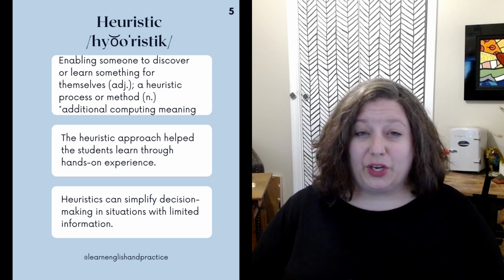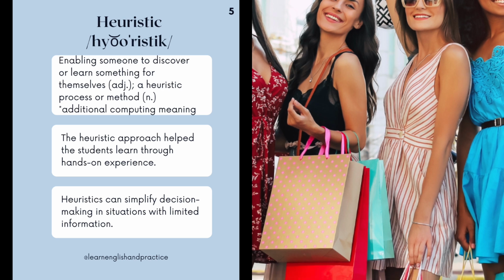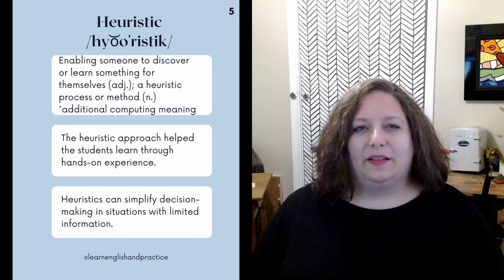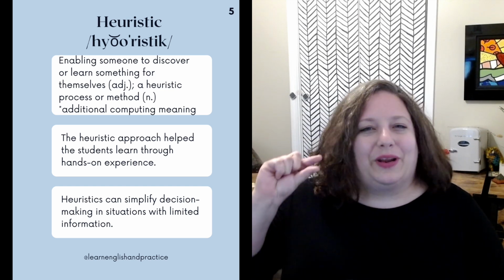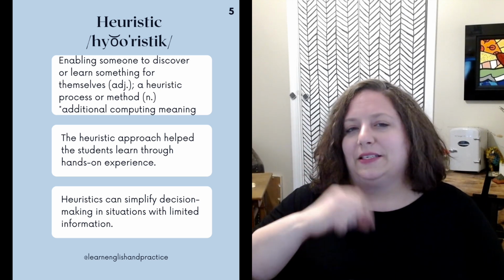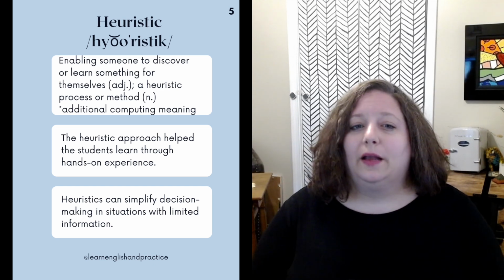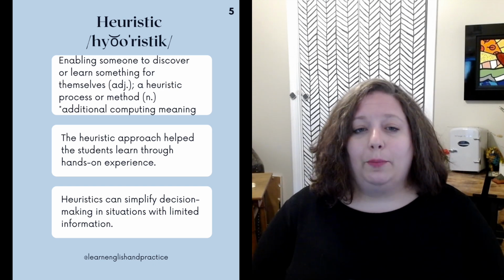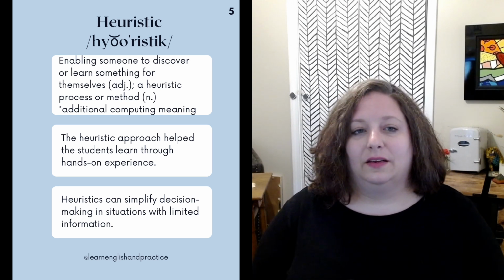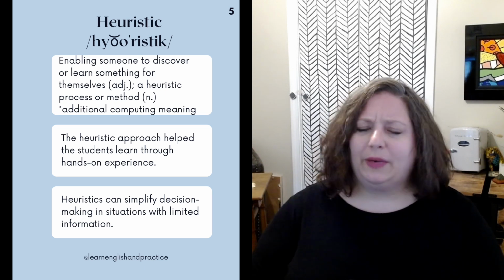So an example of a heuristic would be when I'm going out shopping, I know no matter what, I'm going to put on some sneakers. I'm going to put on some comfortable shoes. It's something that I don't even have to think about. It's a mental shortcut. I just know that if my intent is to go and visit stores, I need to be wearing comfortable footwear. Examples are, the heuristic approach helped the students learn through hands-on experience. Heuristics can simplify decision-making in situations with limited information.